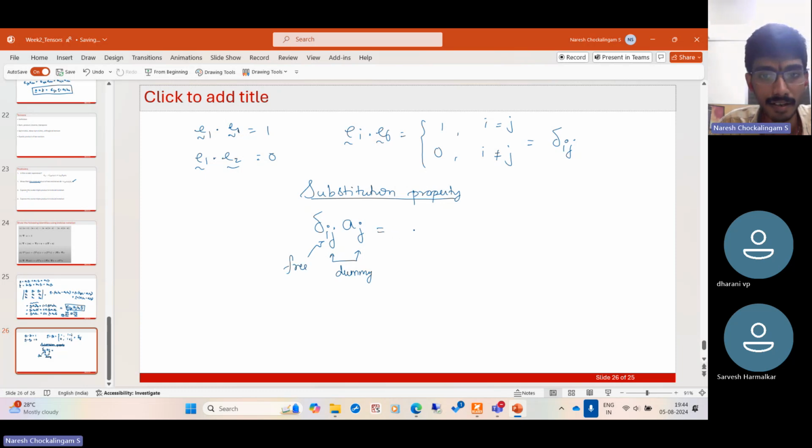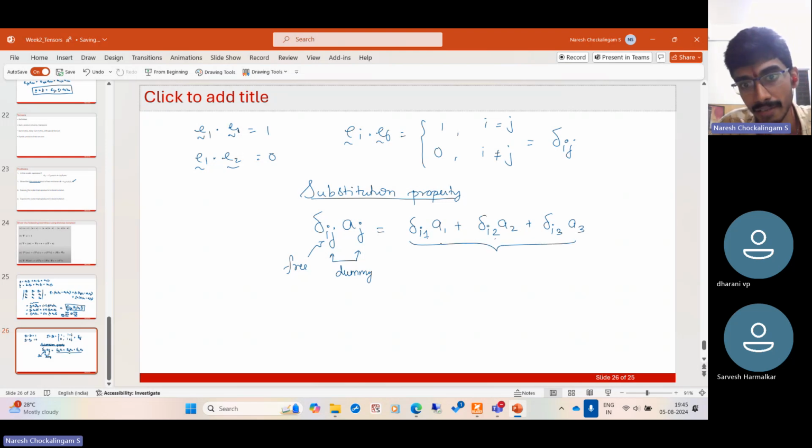So it is delta i1 A1 plus delta i2 A2 plus delta i3 A3. So what does this mean? But i has to take either the value 1 or 2 or 3. It cannot be all the 3, right? So among these, only one of them will survive.